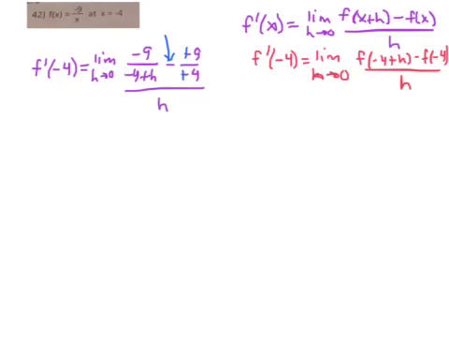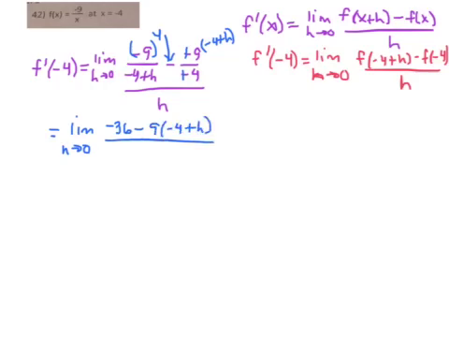We can get a common denominator on the top and bottom here by multiplying this by 4 and this by negative 4 plus h. So the limit as h approaches 0, that's going to be negative 36 minus 9 times negative 4 plus h over 4 times negative 4 plus h, all over h.